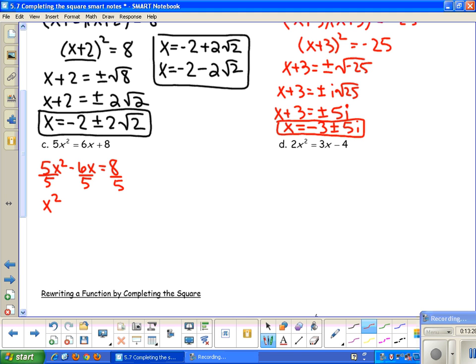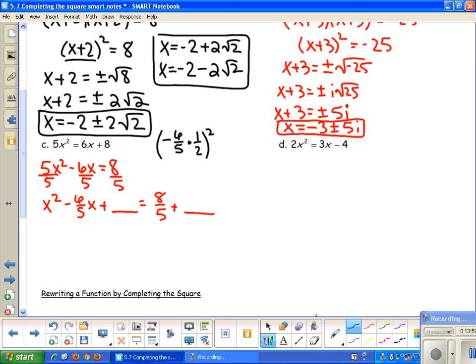So when I do that, I get x squared minus 6/5 x, and then I'm going to do something to complete the square, equals 8/5 plus that same number that completes the square. So this one's a little bit different because that linear term is a fraction now. So to do this, we have negative 6/5, and of course we're doing half our linear term. Another way you can think about this is it's like multiplying it by half, and then we're going to square it.